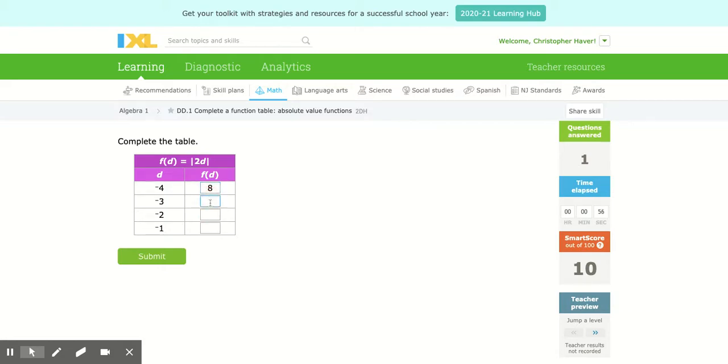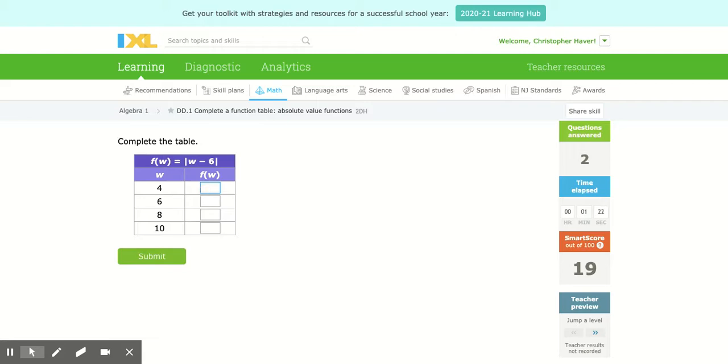Similarly, for -3, you get -6, absolute value, which is 6, then 4, then, I'm sorry, 2. Each of these you double, and you make it positive. The reason that you might do this is to get a table where you could then graph the values.